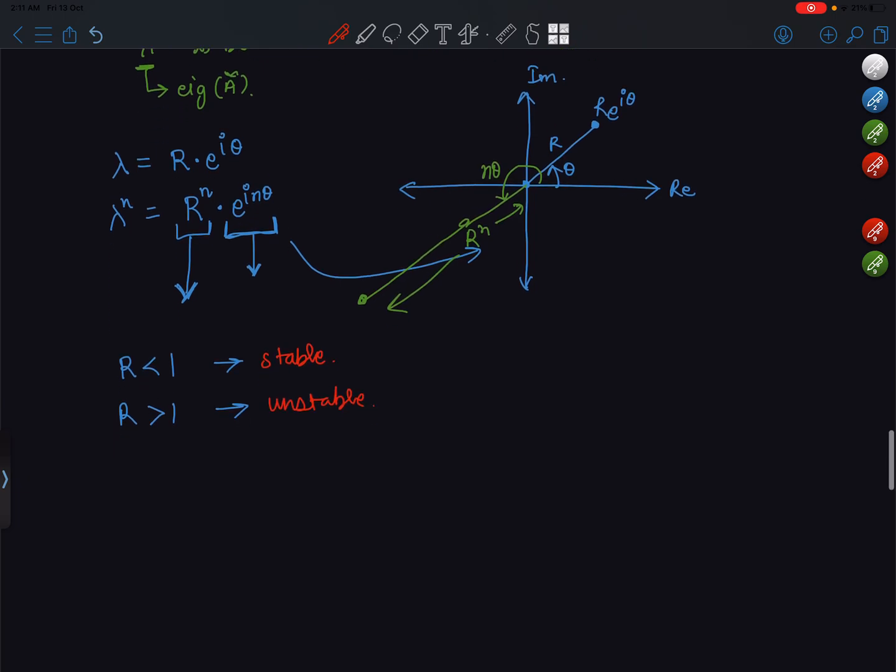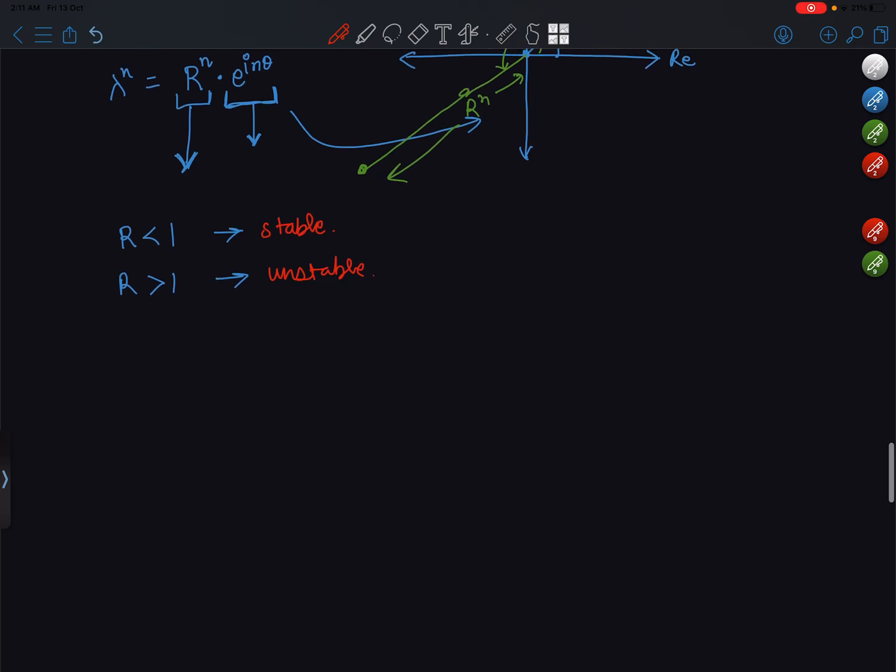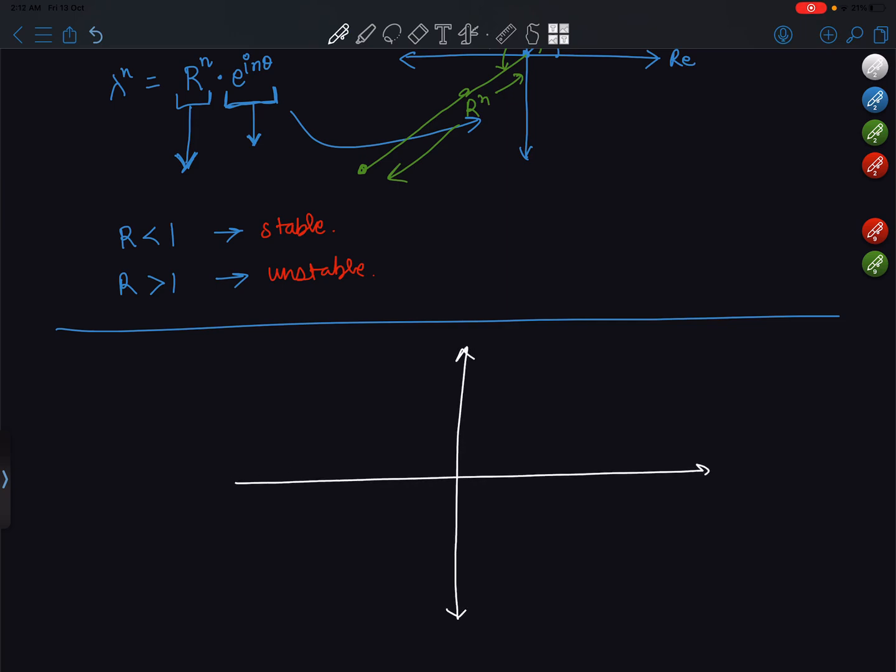Okay, now let us look at it from a graphical perspective. So this is a unit circle. If r is less than 1, then the system is stable.